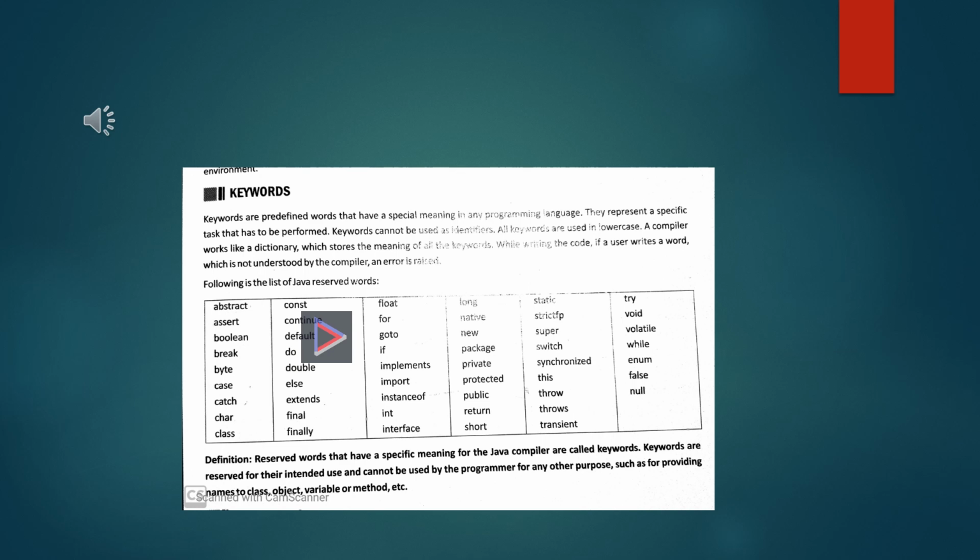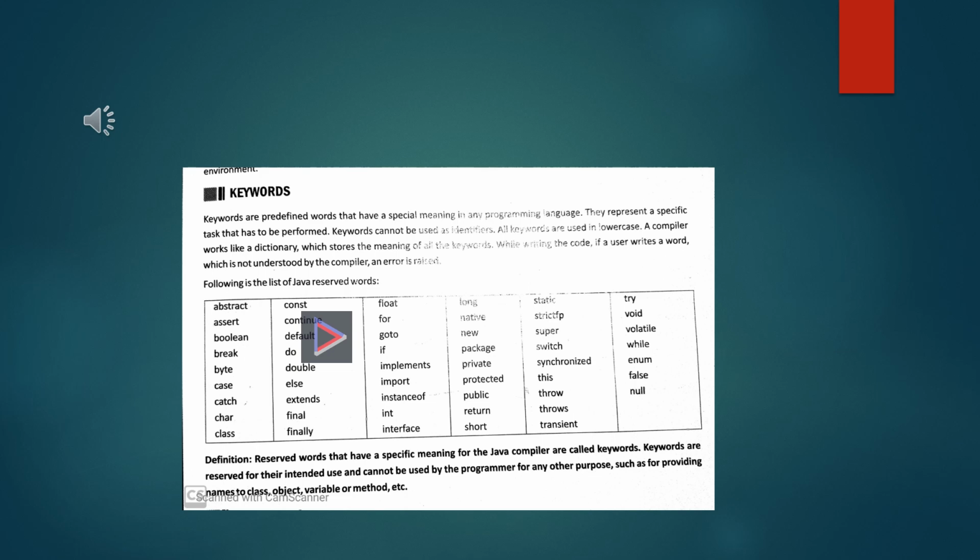This keyword cannot be used for any other purposes, such as for an identifier or punctuator. Keywords should be used in lowercase. You cannot write a keyword in uppercase.